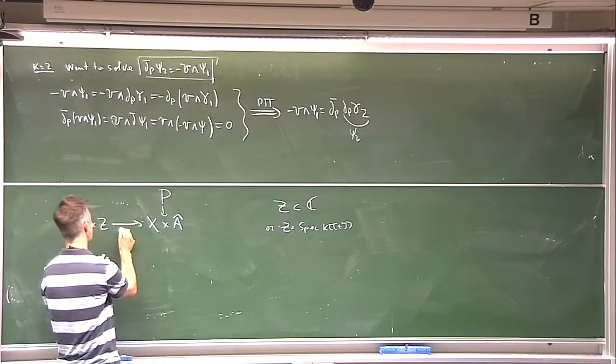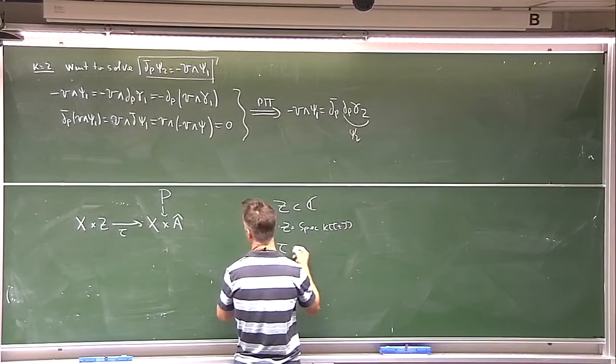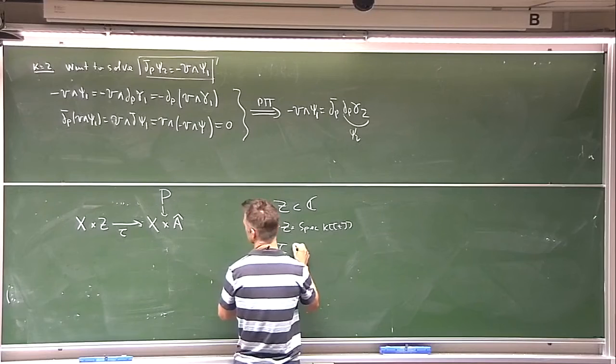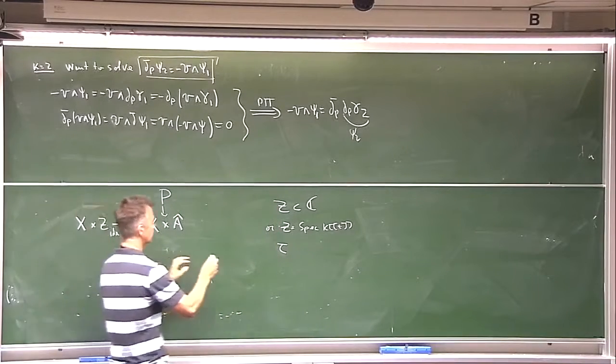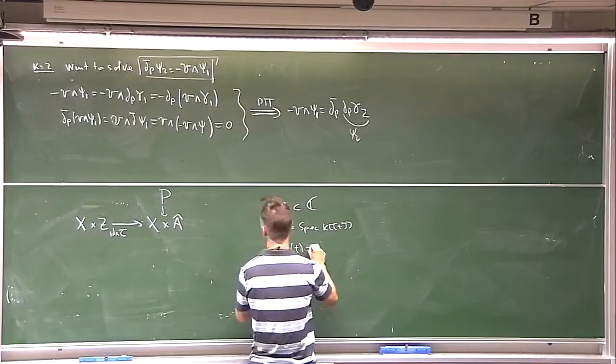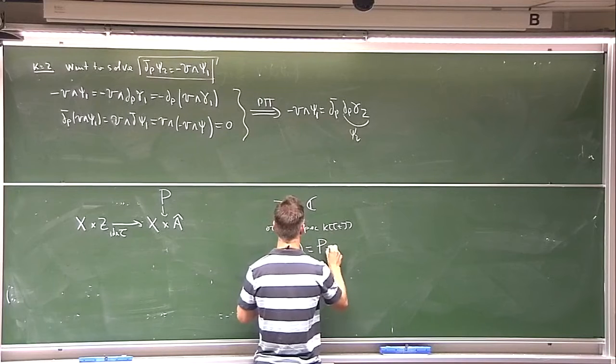So this will be a map tau. So you want tau of t to be given by p plus tv.